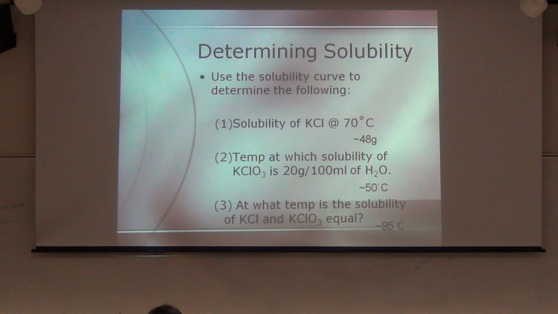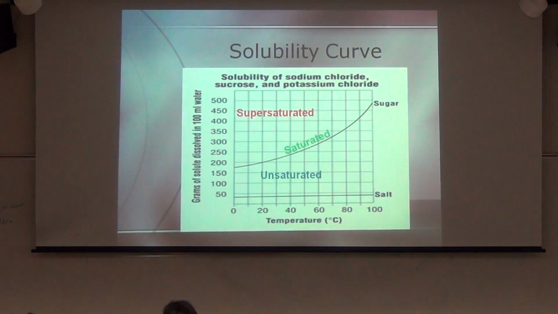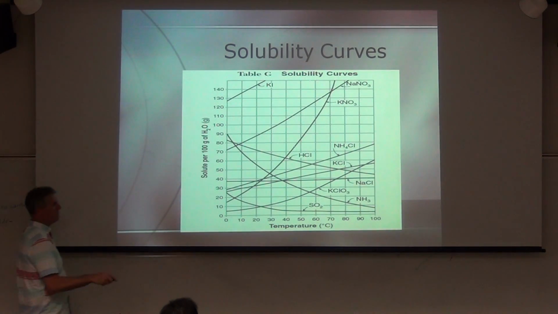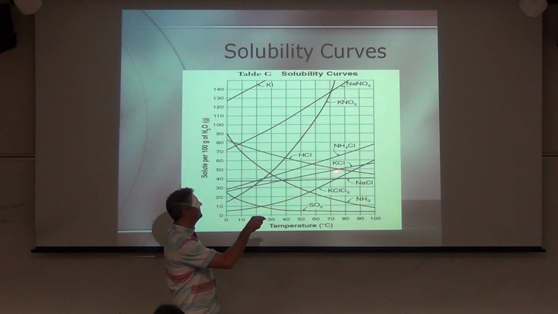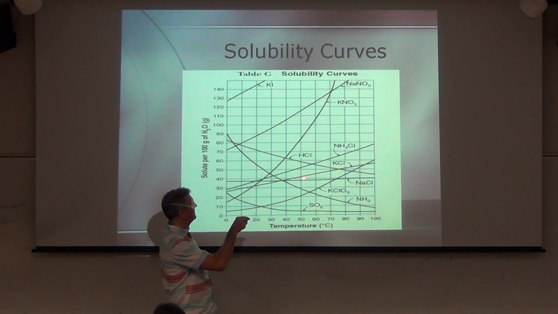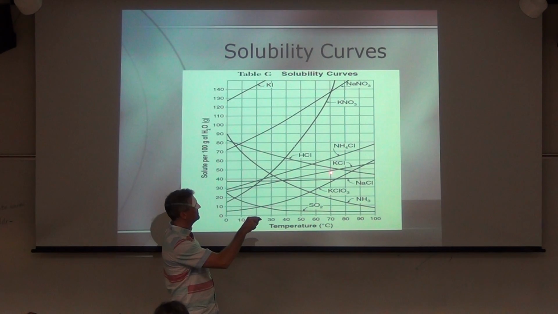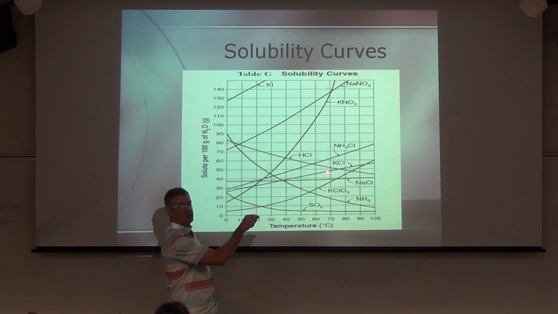About 94. So if we go back to the chart here, for the first one, we're looking for KCl. That's this guy. And 70 degrees. So we're right there, just a little bit below 50.